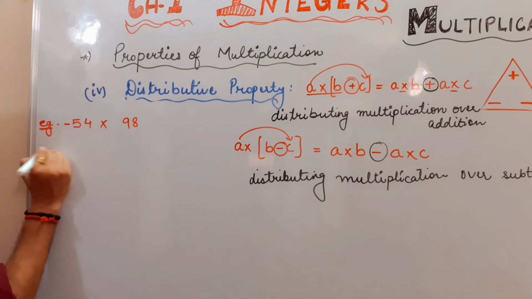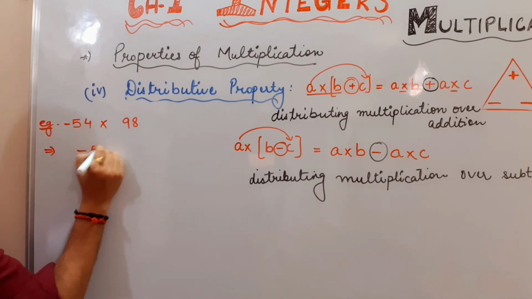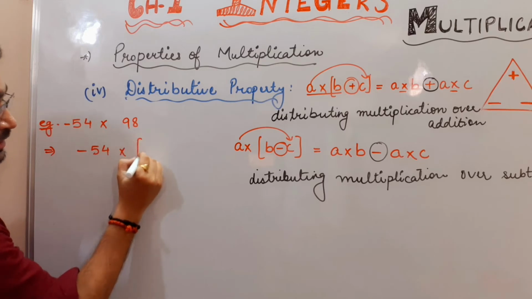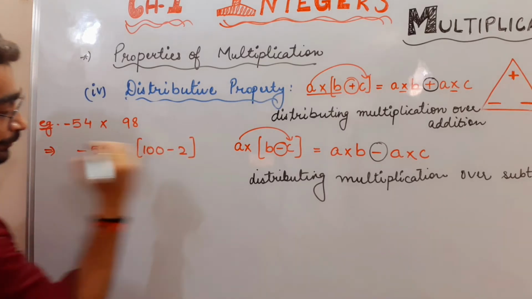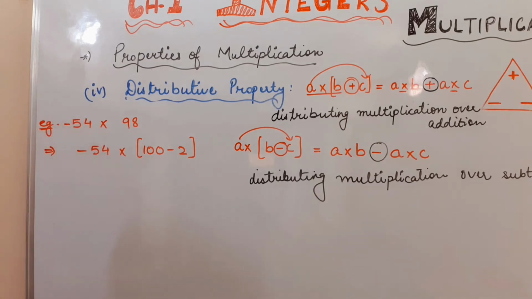What I am doing is that I am writing this 98 as 100 minus 2.